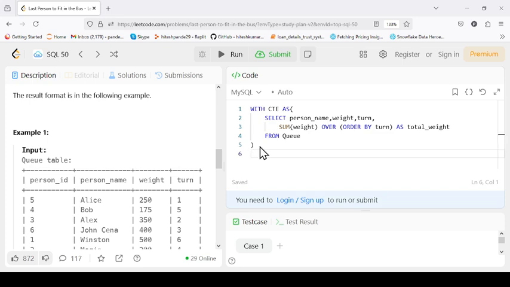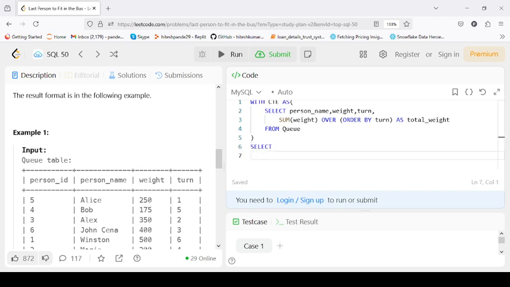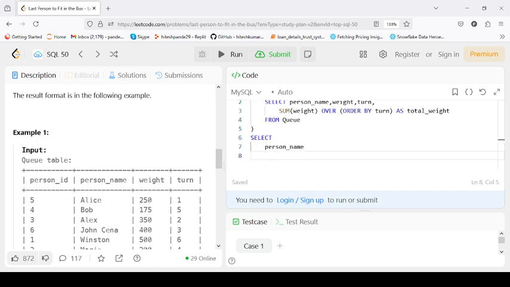So for that again we have to write the query like SELECT. We want person name. Okay, so for that we will write person name from where we get the person name.